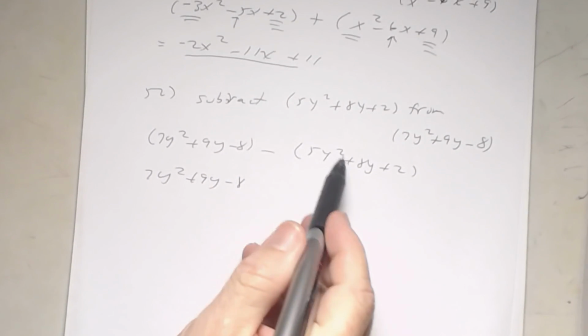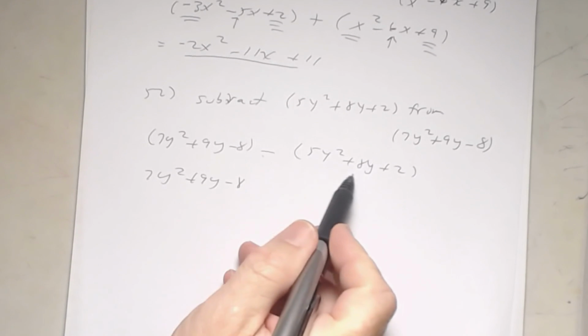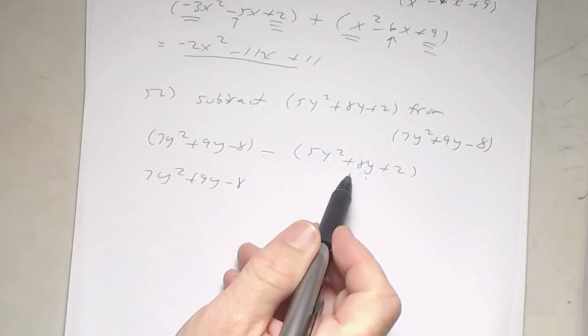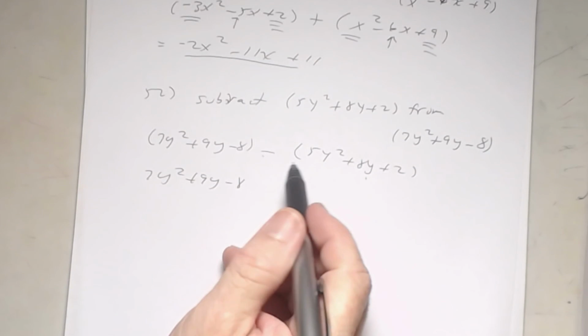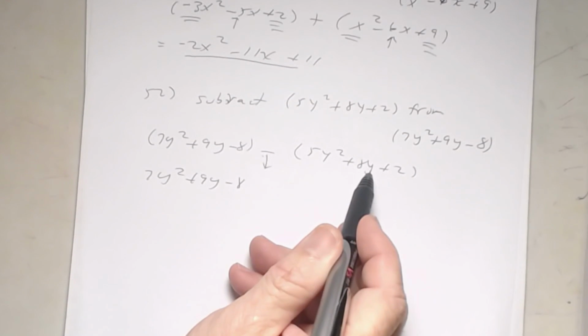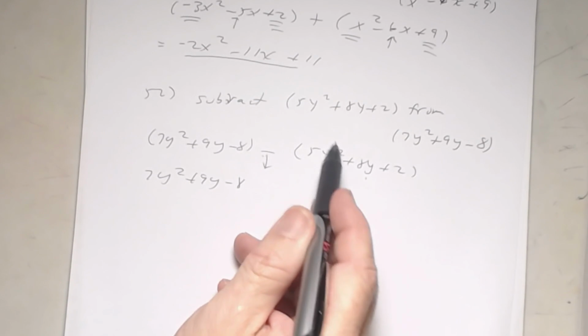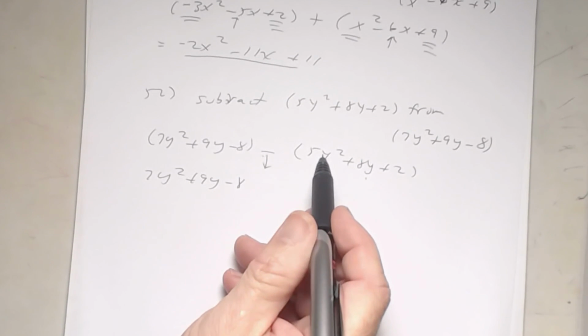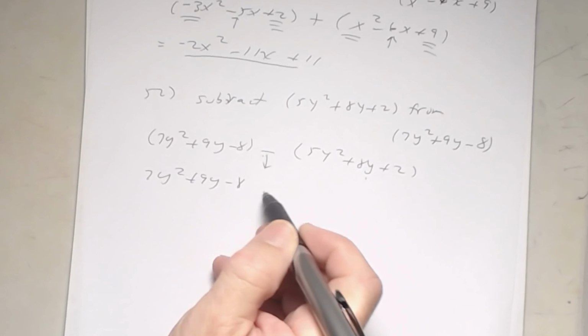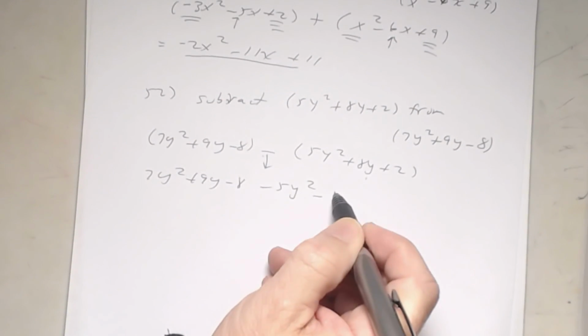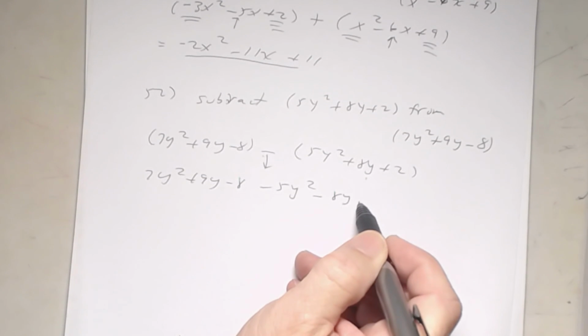Now to get rid of that second set of parentheses, remember this is subtracting all these terms, correct? So you learned in the previous course that you can also write subtraction as adding the opposite. So that means that when I add the opposite, 5y squared becomes what? Negative 5y squared. 8y becomes negative 8y, and then 2 becomes negative 2.